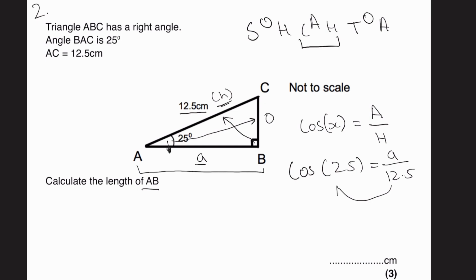So bring the 12.5 here, which will make this 12.5 times cos 25 equals A. That means A will equal 12.5 times cos 25, which equals 11.33.